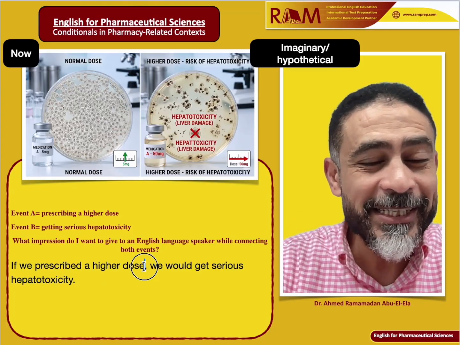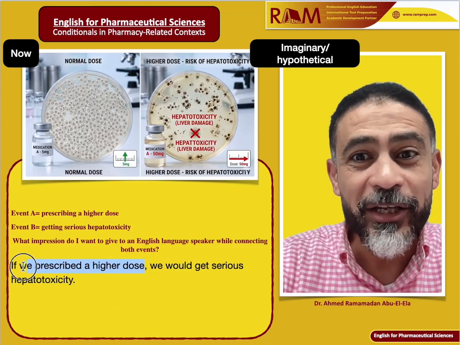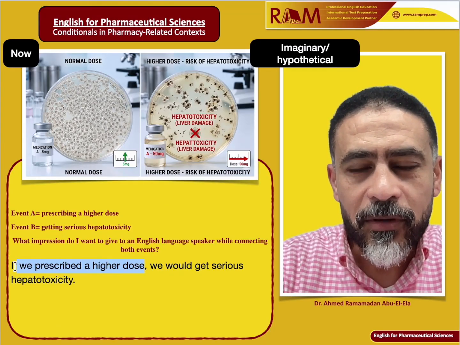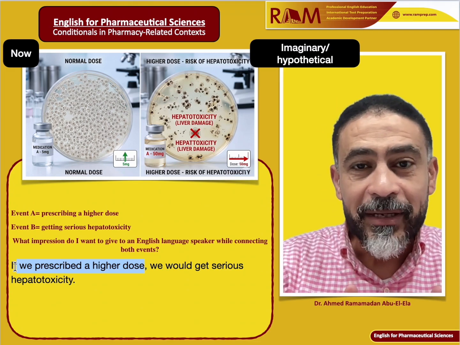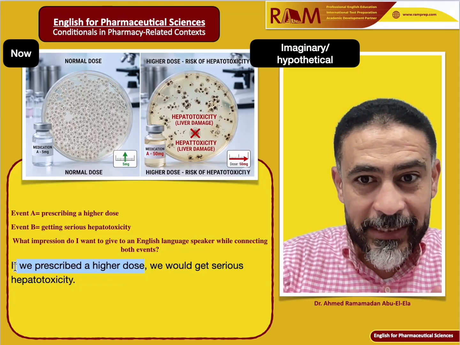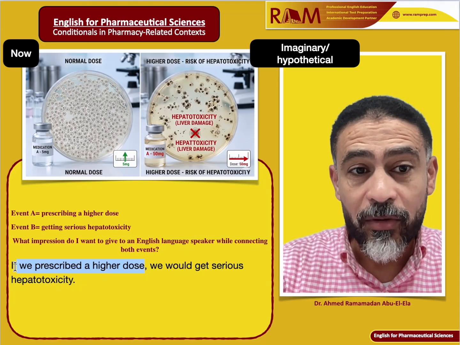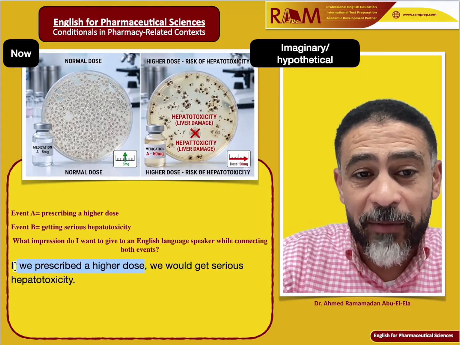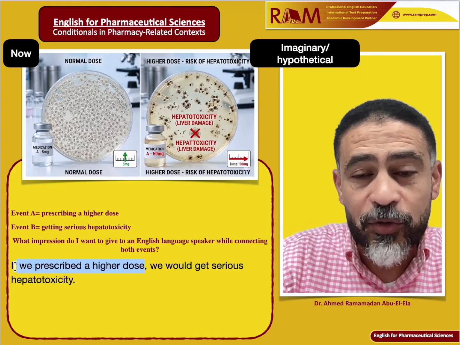Now what tense do I use right now? I use the past simple, although I am hypothetically imagining something right now. I'm imagining that I am prescribing a higher dose, and this is not true right now.